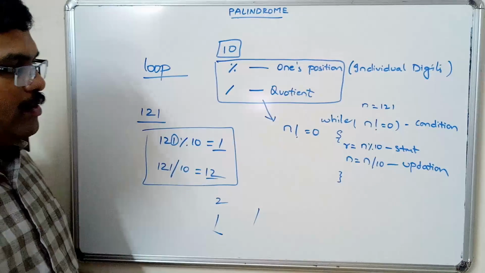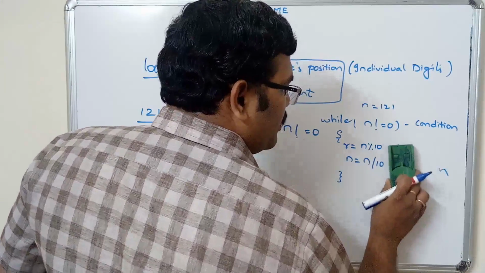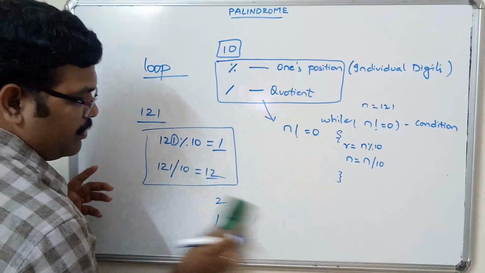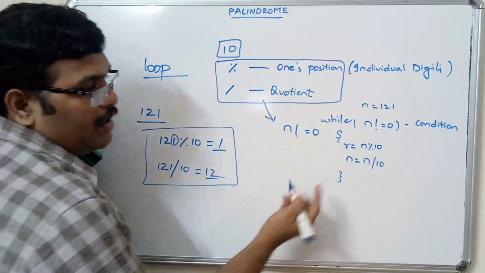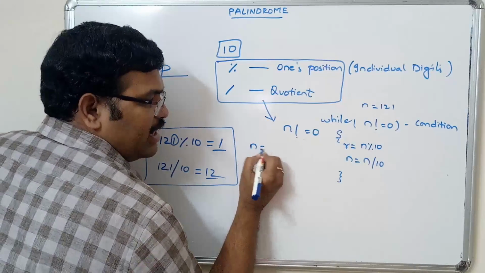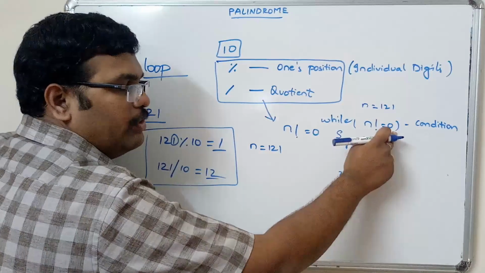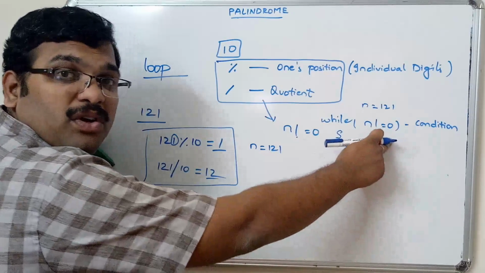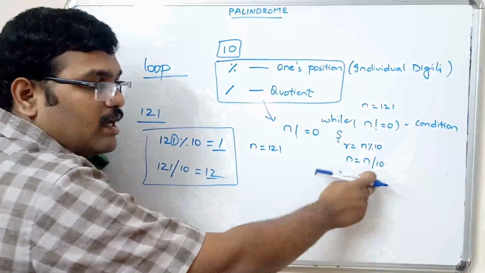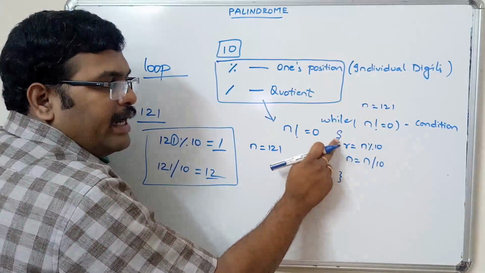If you execute these statements, in the first iteration, let us consider n is equal to 121. First iteration: n not equal to 0, 121 not equal to 0, so the condition is true and the control will enter the loop.